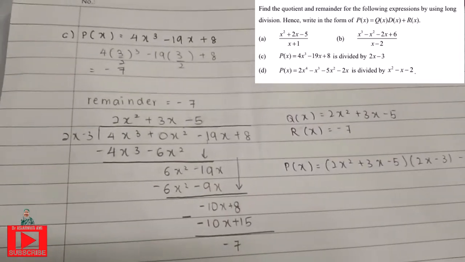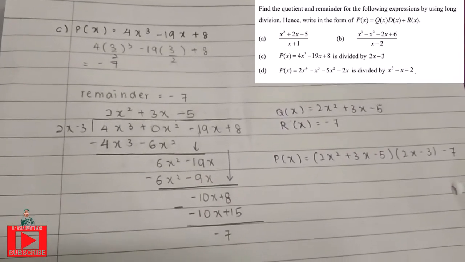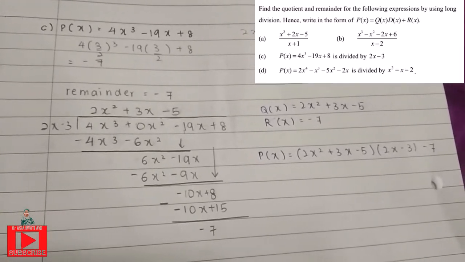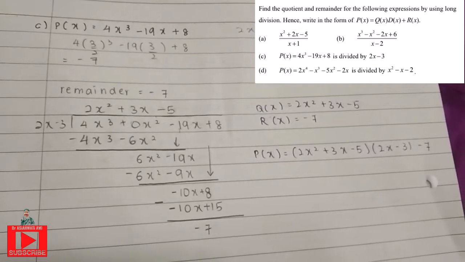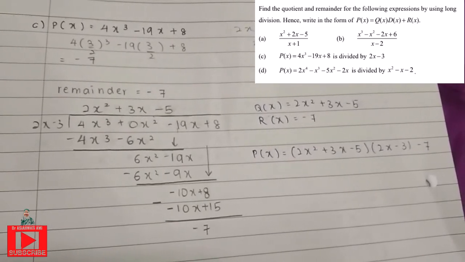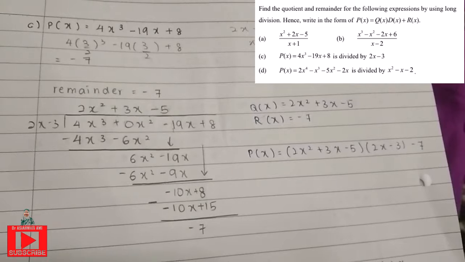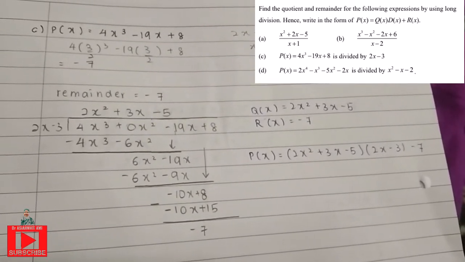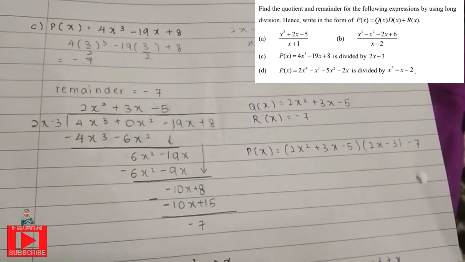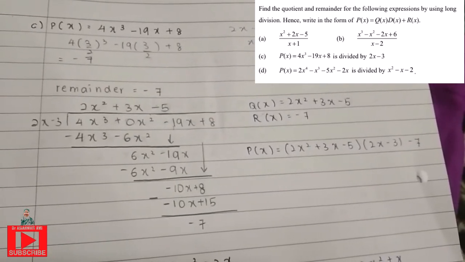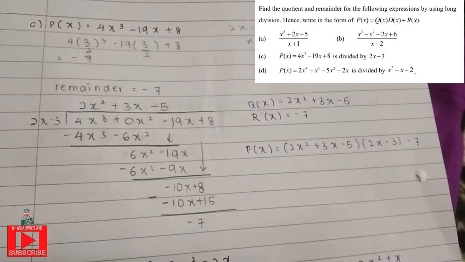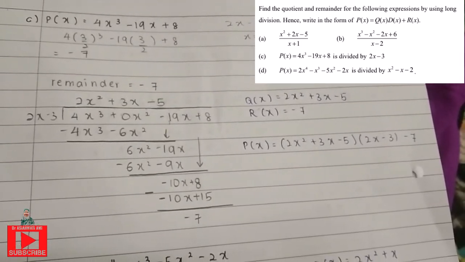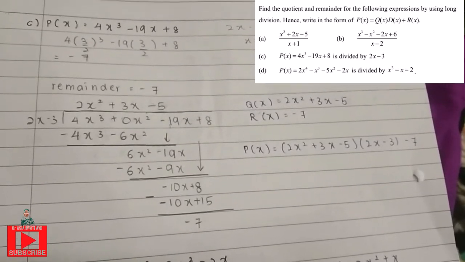For question C, also the same, which is we just need to divide the 4x to the power of 3, and the most important thing is you need to add the x squared term. The initial question gives us 4x to the power of 3 minus 90x plus 8, but it didn't give us any number for the x squared, right?